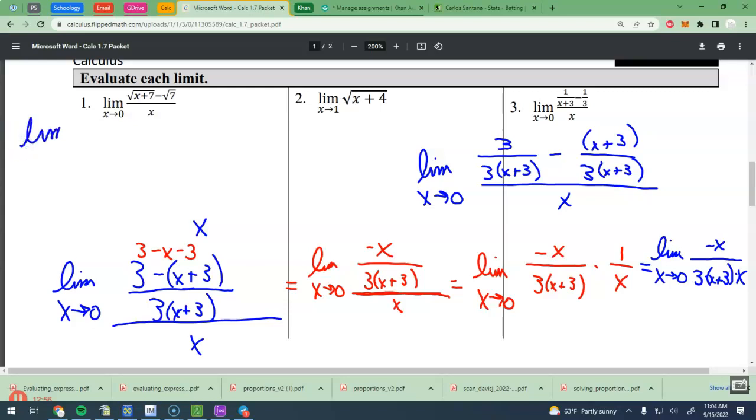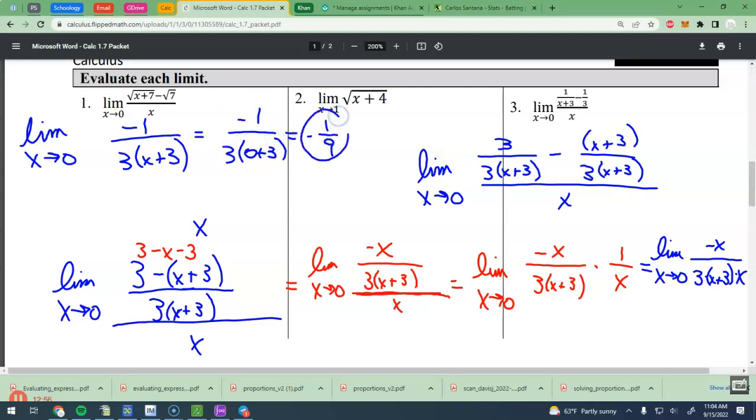So now I am at the limit as x approaches 0 of what's on top of that fraction now? Negative 1. On the bottom is 3 times (x plus 3). And finally, I'm at the point where I can plug in the 0. And then I can just work out what that math is. But with this x being on the bottom, I couldn't plug in the 0 because I get 0 down there.